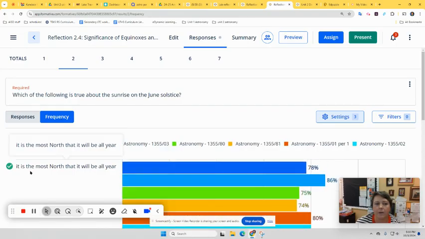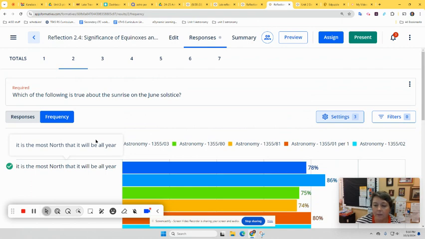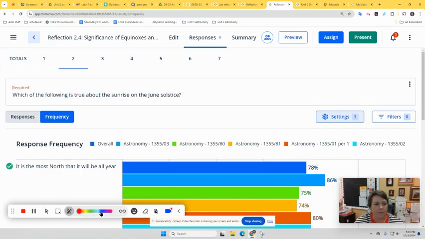Remember, it is going to be the most north that it is all year. The sun does always rise in the east. If this is our compass rose and this is east, and this is north and south, the sunrise on the equinox is going to be dead east.